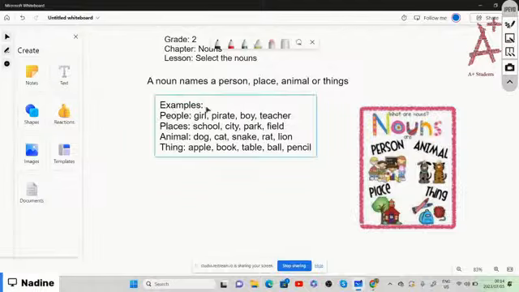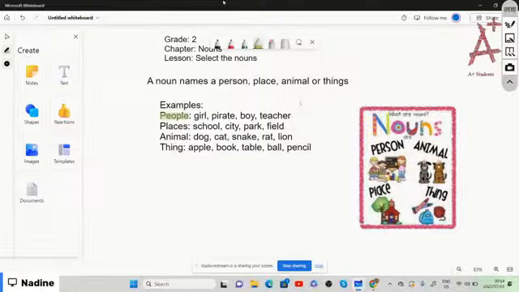So, people: if we identify people, then we can say the noun is a girl, maybe the pirate on the ship, the boy, the teacher. In the meantime, you think of more examples of nouns.